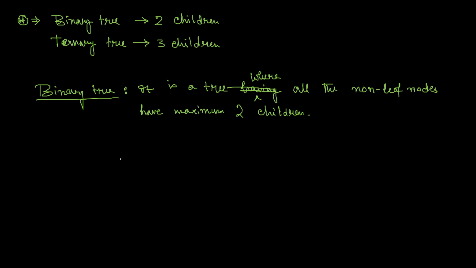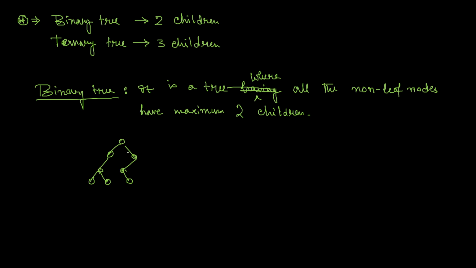What does it mean? It means that this is a binary tree. This is also a binary tree. It is also a binary tree, because each and every non-leaf node contains either 1 or 2 children.